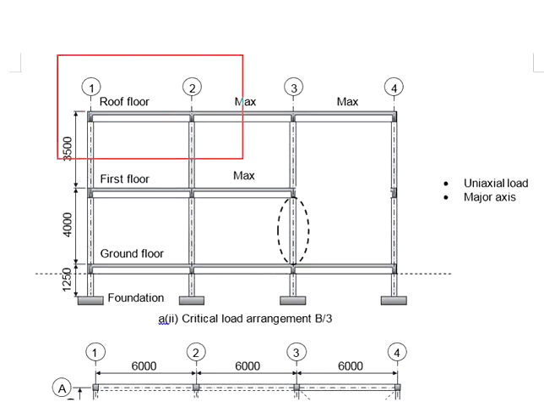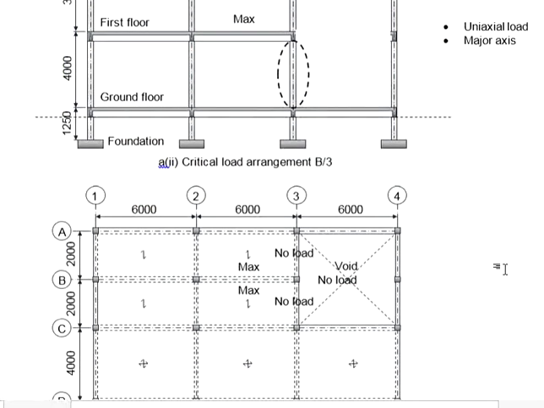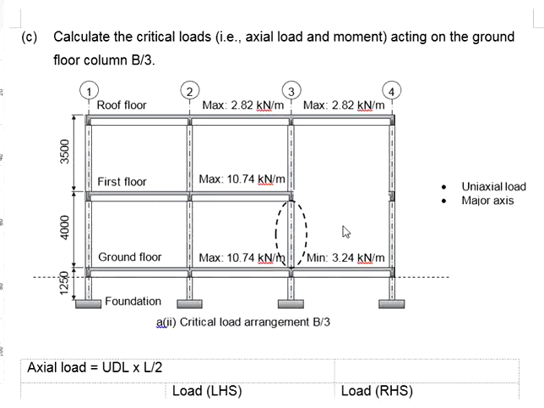The critical load arrangements is indicated here, which we have calculated previously. In order to generate the maximum possible moment here, you will have the maximum load here. Since there is no beam here, there won't be any loading here.